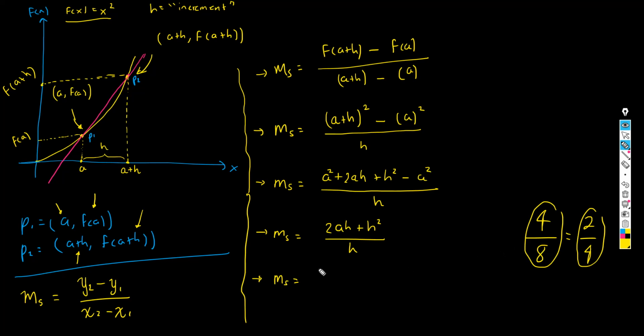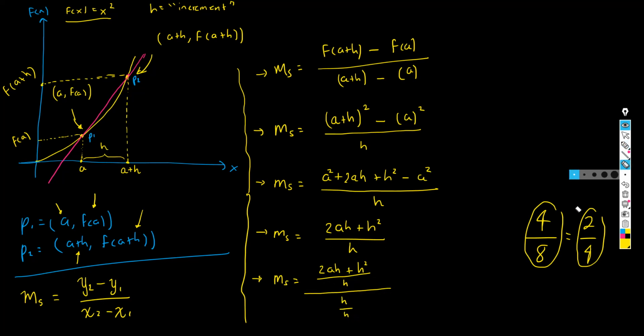So let's do it right here. I'm just going to express it first. 2ah plus h squared over h, over h over h.